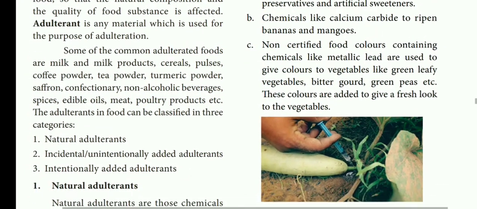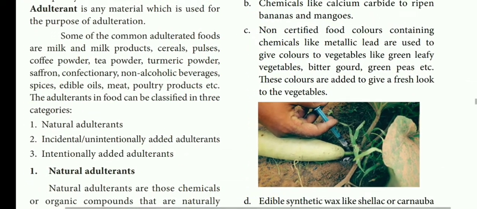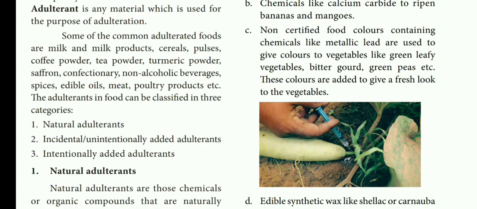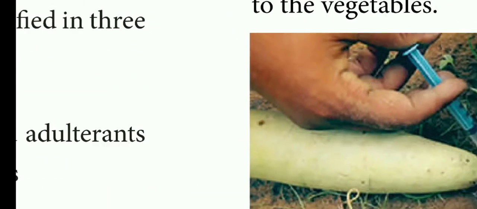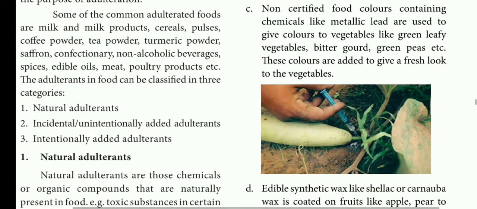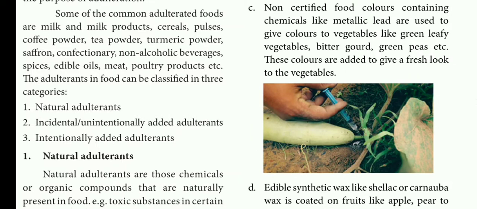Then non-certified food colors containing chemicals like metallic lead are used to give color to vegetables like green leafy vegetables and bitter gourd. They add artificial colorant to give a fresh look to the vegetable so that people will start buying it in larger quantities.